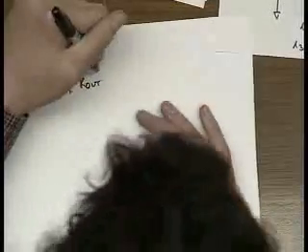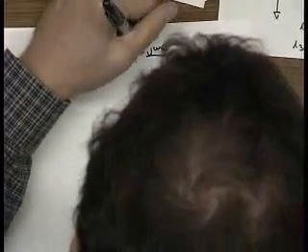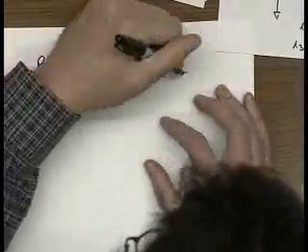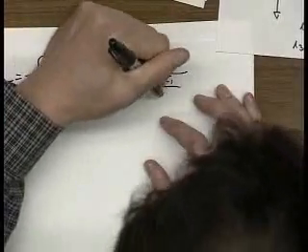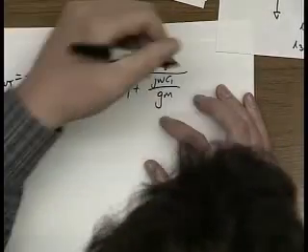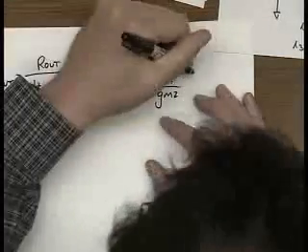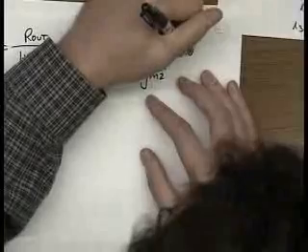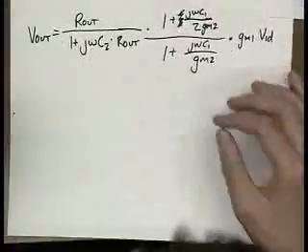So R out over 1 plus j omega C2 times R out, times this quantity times I out, which is 1 plus j omega C1 over 2 Gm2 over 1 plus j omega C1 over Gm2, times Gm1 VID.